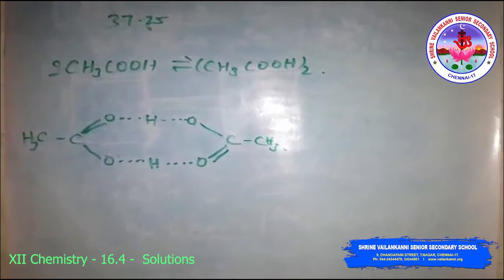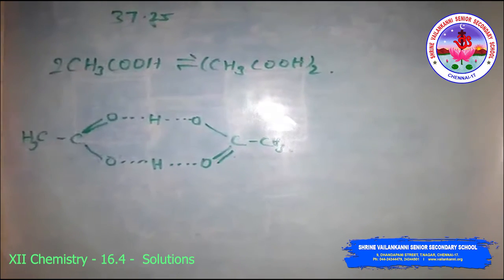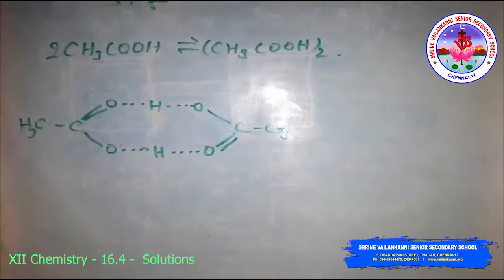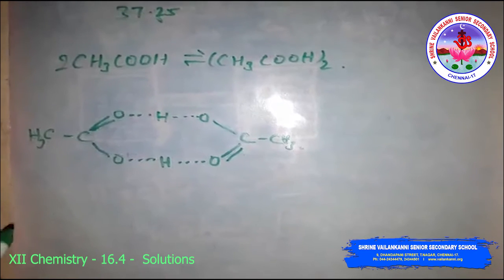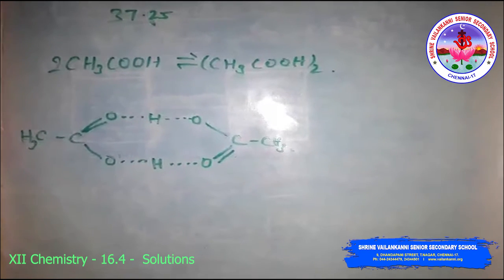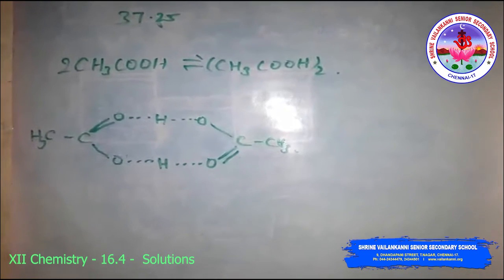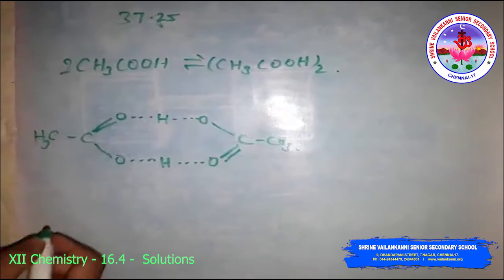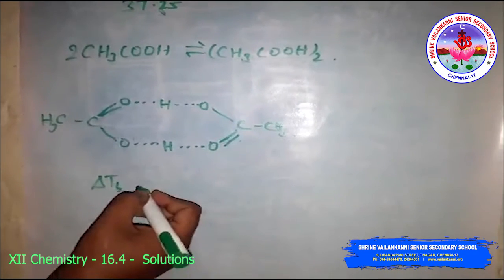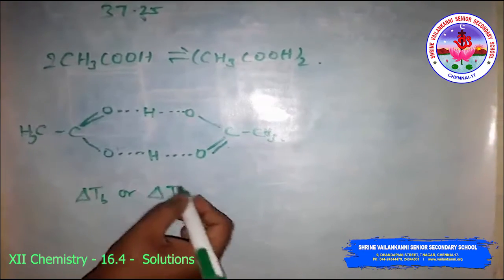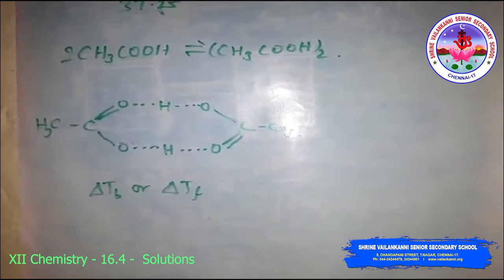This normally happens in solvents of low dielectric constant. In this case the number of particles is reduced due to dimerization. So association of the molecules is like this. It can be stated that if all the molecules of ethanoic acid, that is acetic acid, associate in benzene, then the delta Tb and delta Tf, the boiling point elevation and freezing point depression, will be half of the normal value.